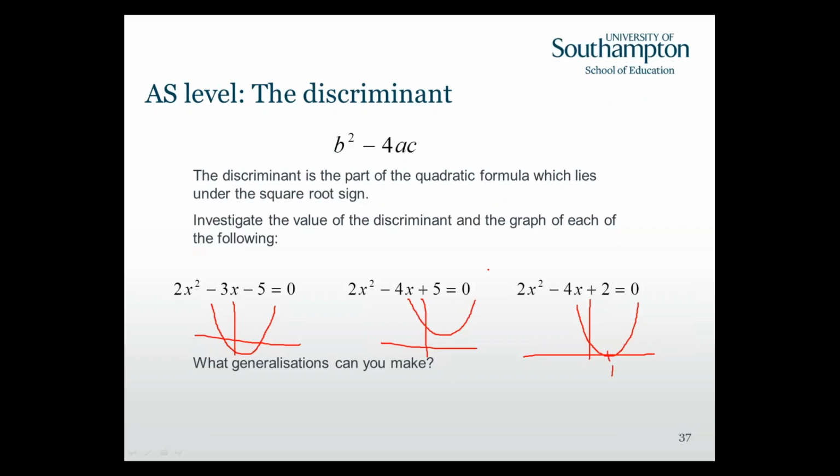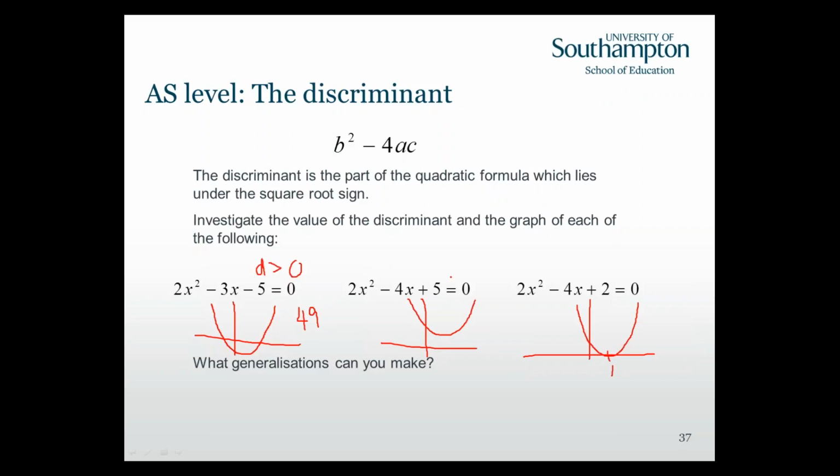Right. What did you get for b squared minus 4ac for the first one? Robert? That first one I've got 49. Okay. Which is positive. Yeah, exactly. So discriminant is bigger than 0.